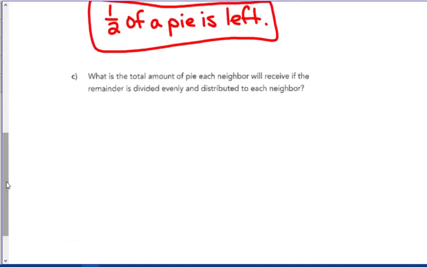What is the total amount of pie each neighbor will receive if the remainder is divided evenly and distributed to each neighbor? Well, if she has 5 pies divided by 6 neighbors, they each get 5 divided by 6, which is 5/6, right? Each neighbor could get 5/6 of a pie if she has nothing left over, if it's divided evenly.